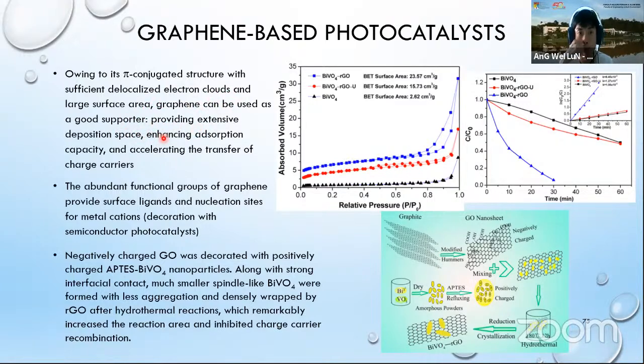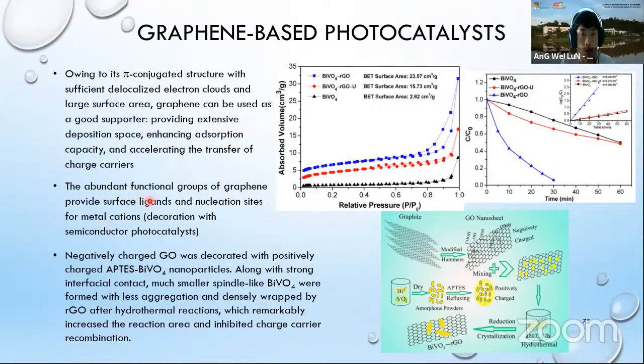It means that the pollutants will be able to adsorb on the graphene surface, and because of the enhanced adsorption capacity, the pollutants will get closer to the photocatalyst. So when the graphene oxide helps to capture the pollutants, and the pollutants come closer to the photocatalyst, this will actually ease the photocatalytic degradation of the pollutants.